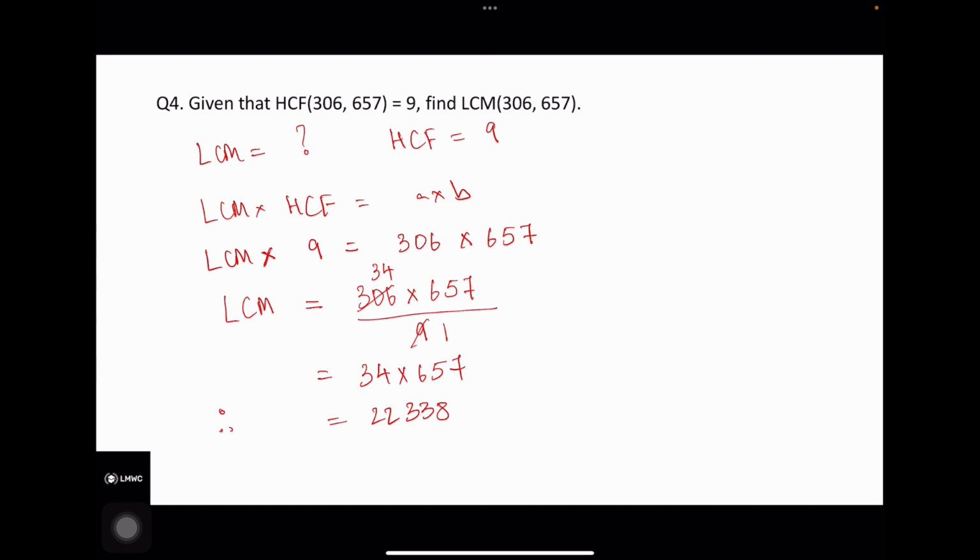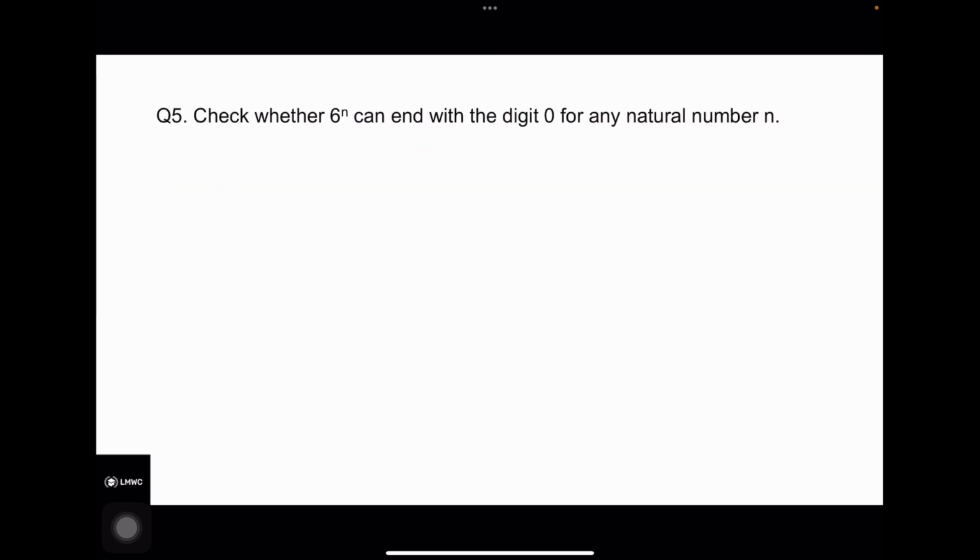So this is our LCM by using the formula LCM times HCF equals A times B. So next, question number 5, if you remember, this is almost the same as what we have done in the example. If you have not gone through that, please refer to the last video which I have uploaded.